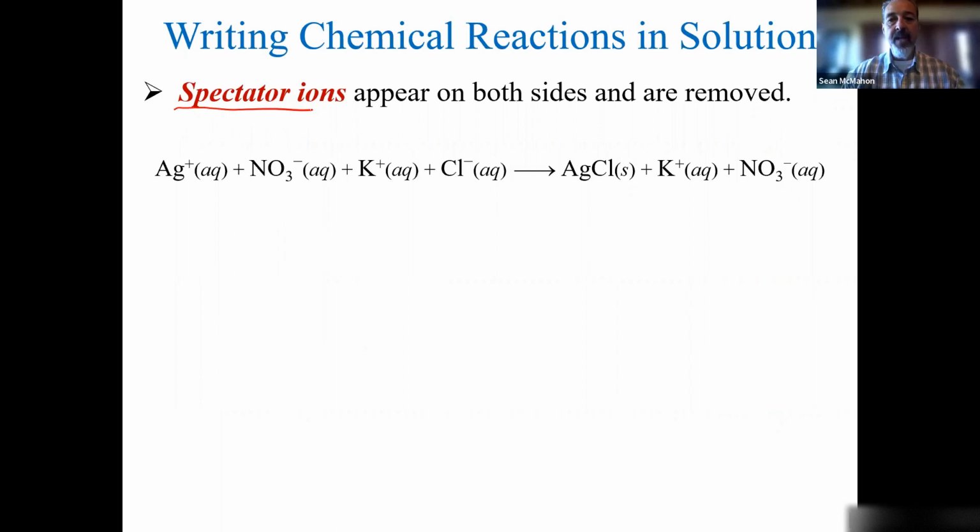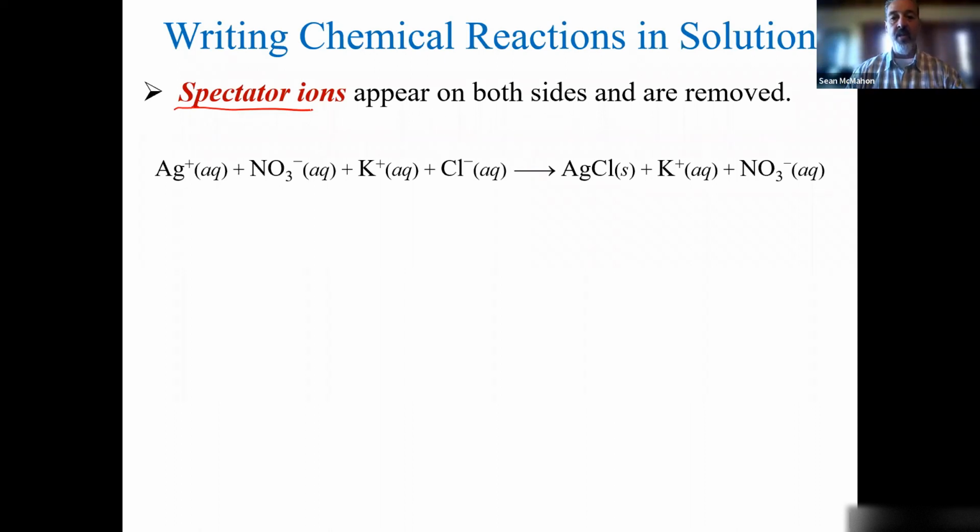So those spectator ions, we're going to cancel out and come up with what's referred to as a net ionic reaction. The net ionic reaction is the true reaction. It's kind of like you have your gross pay before taxes, then they take everything out and you net far less. That's what we're doing with these total ionic equations. We're cutting out, not the taxes, but the spectator ions.